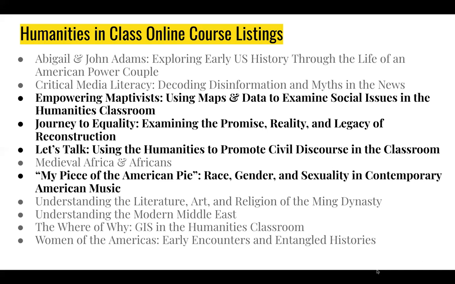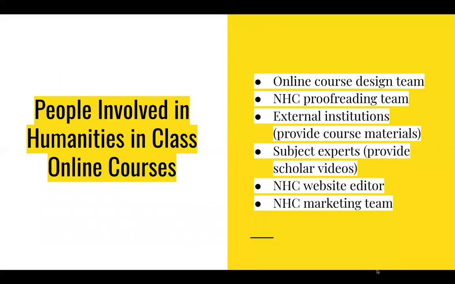There are many different people and teams involved in developing and promoting the online courses. There is the online course design team, including Mike Williams, the education programs manager, and me, the online course proofreading team, external institutions that provide course materials, subject experts that provide scholarly videos, our online resources manager, and finally, the center's marketing team.